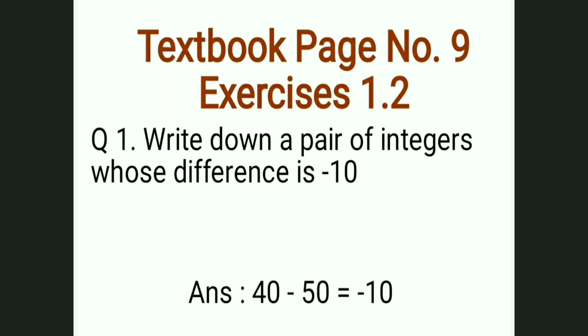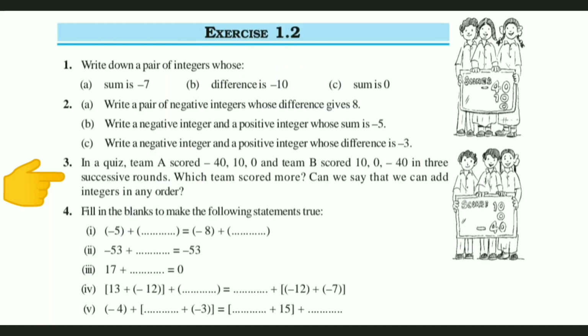You have to find two such integers that when you subtract one from another, your answer should be minus 10. So now here I have taken 40 minus 50 gives us minus 10. Is it or not? So you understood? Rest two you try on your own.